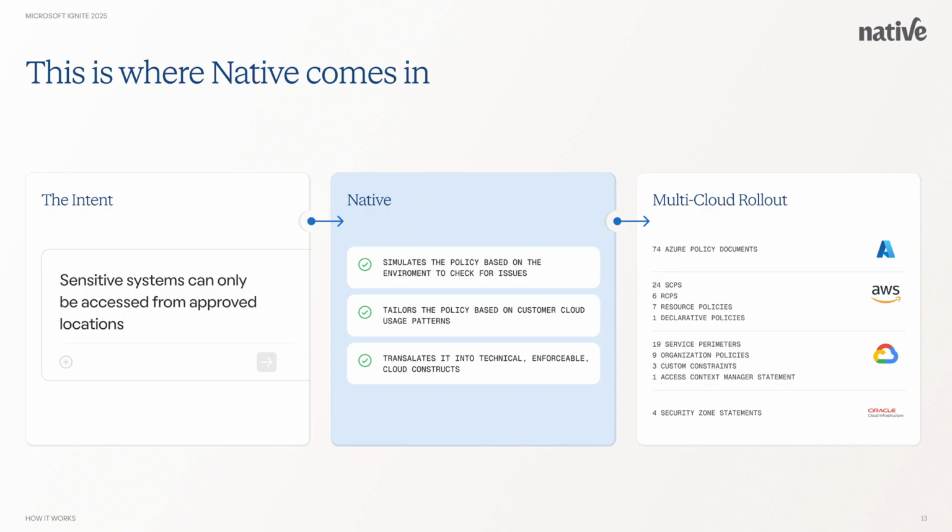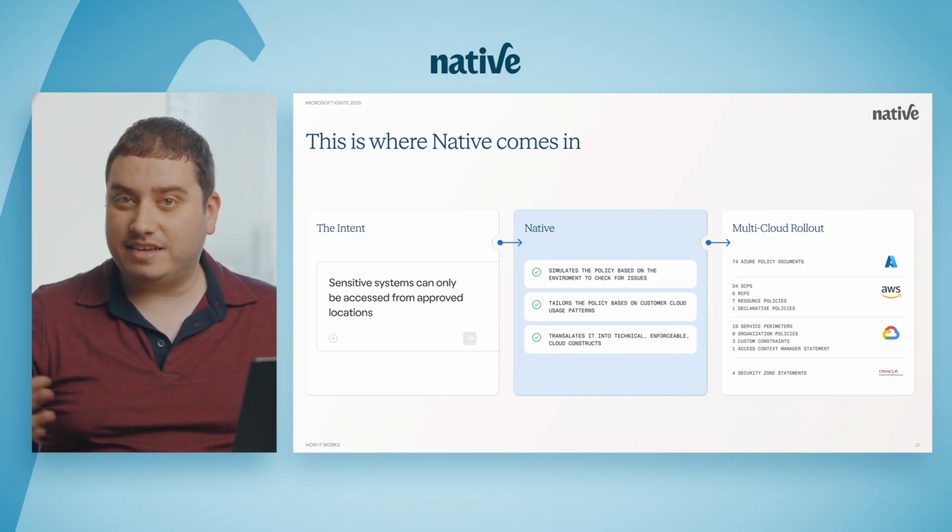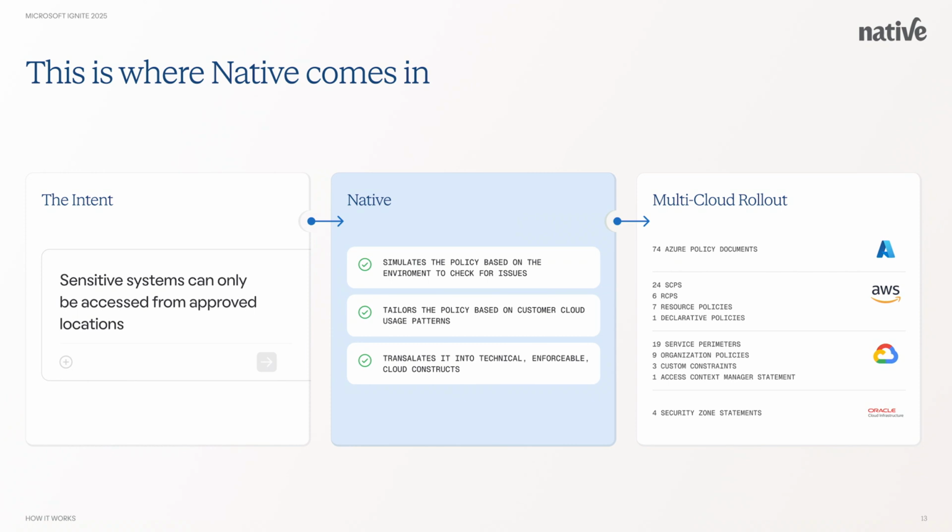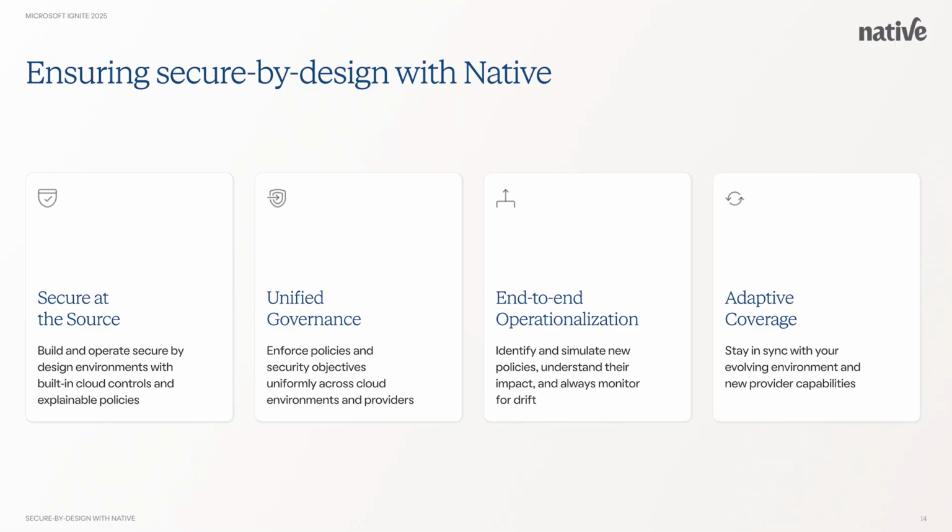This results in a rollout of up to 74 policy documents in Azure for this one specific requirement. And similarly, in other providers, it can result in many policies as well. So in AWS, for example, this would use 4 different policy engines with more than 30 different policies being rolled out. Perhaps to take a bird's eye view and step out of that example, this is where native allows you to easily and quickly ensure security by design.